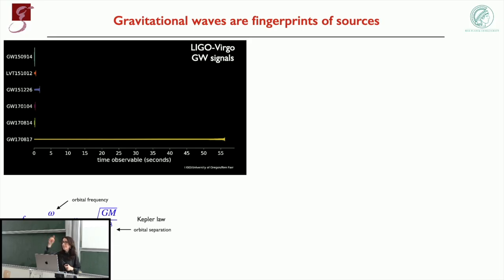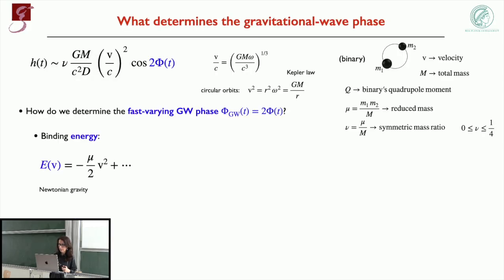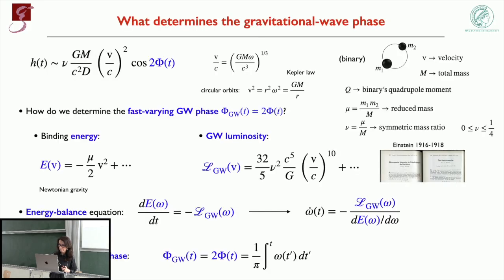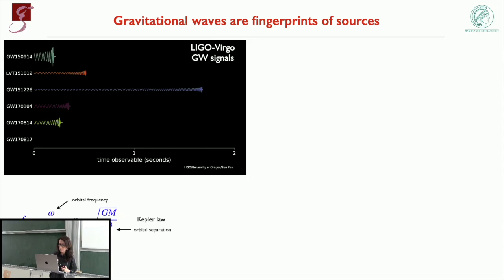Okay, yes? Regarding the phase as a function of time, what is known about the possible fluctuations of the omega of t prime, which will induce some kind of... So, sorry, you're asking about the phase? Which fluctuations? When you have the phase, this is the integral of the pulsation.